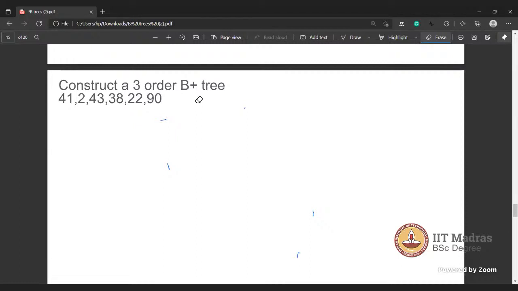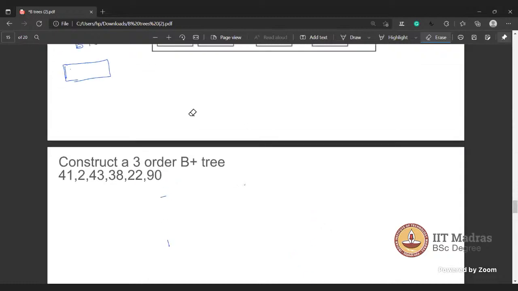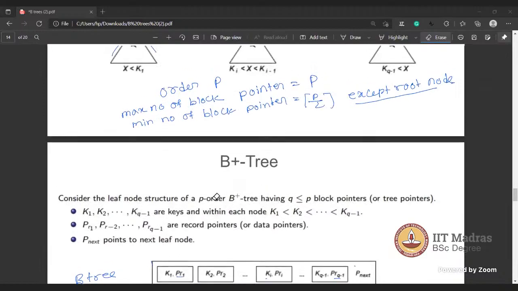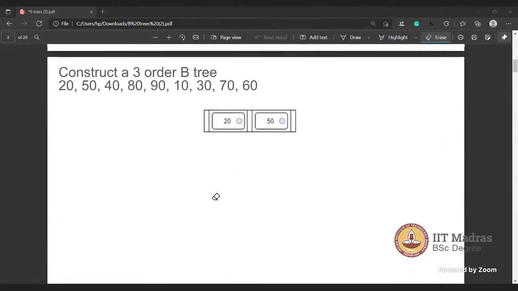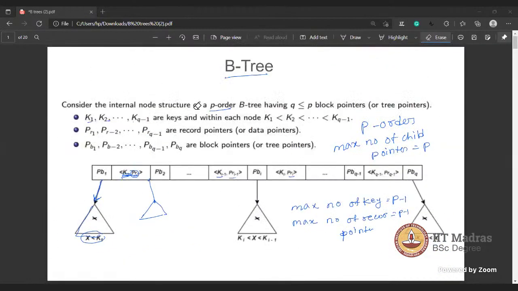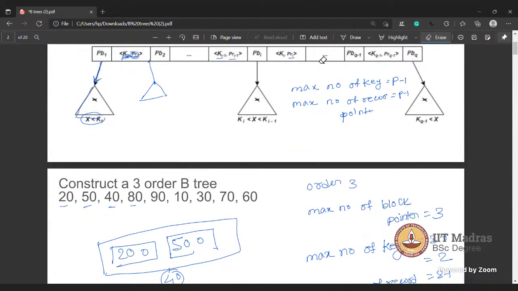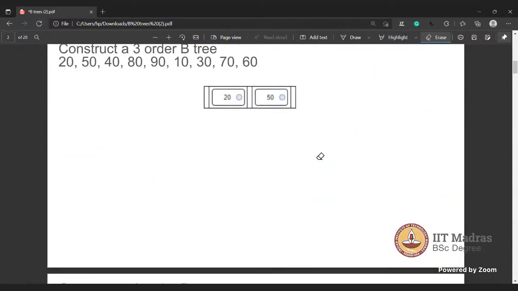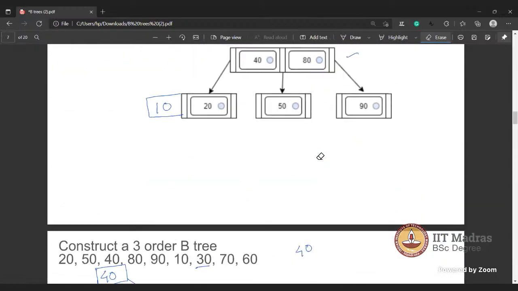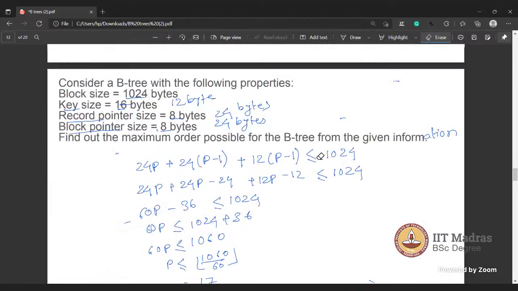Yeah, I would like to add. In the B tree, you can see the structure. Can you draw the B tree structure? Scroll up, where there is a block pointer. One numerical you have solved. Erase it.